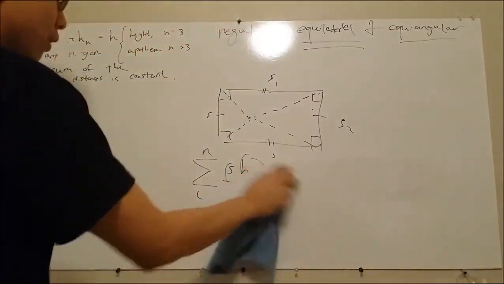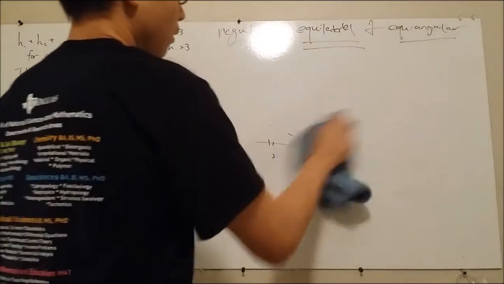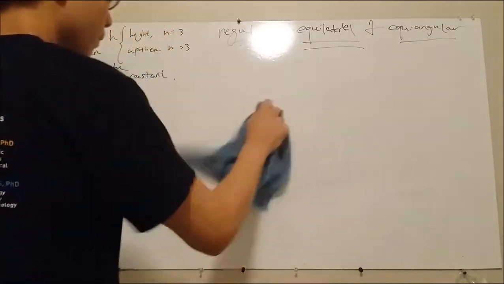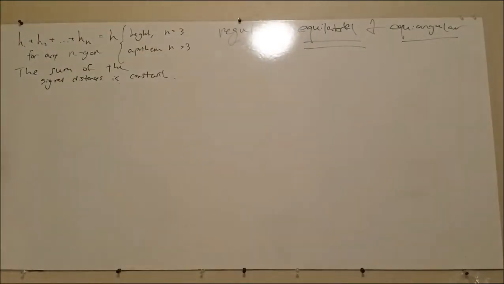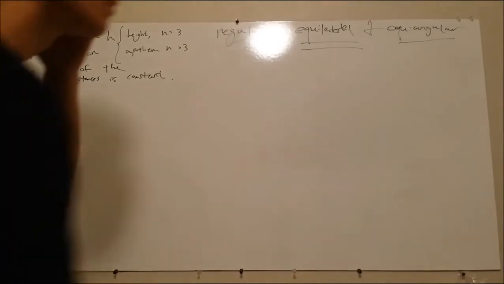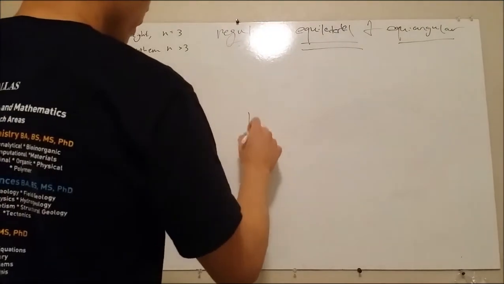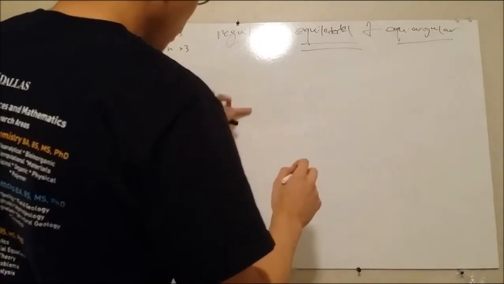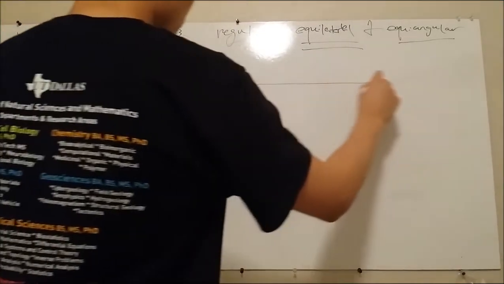But there is, thankfully, a method that is known to work, and I will show you that right now. Alright. And this method is a little more complex. You start off with the equiangular polygon.